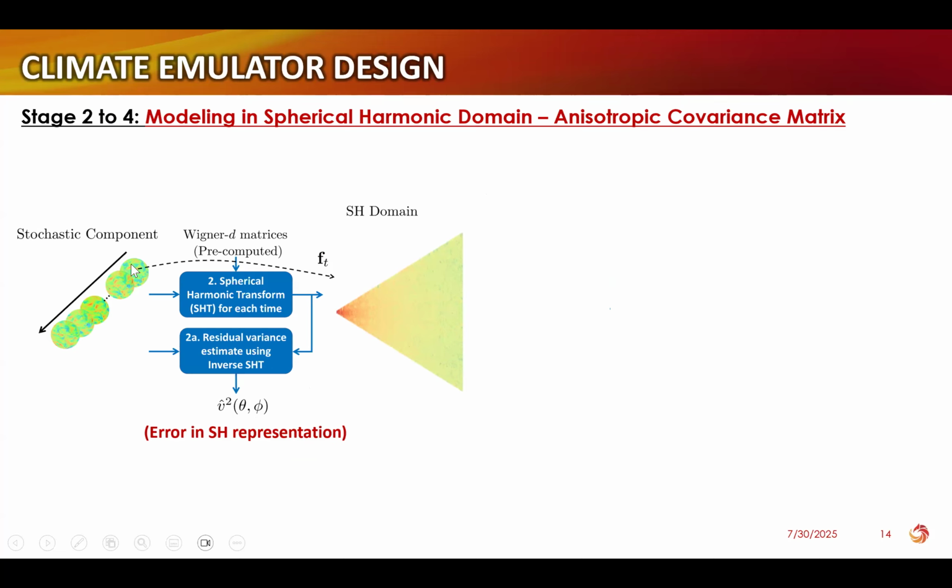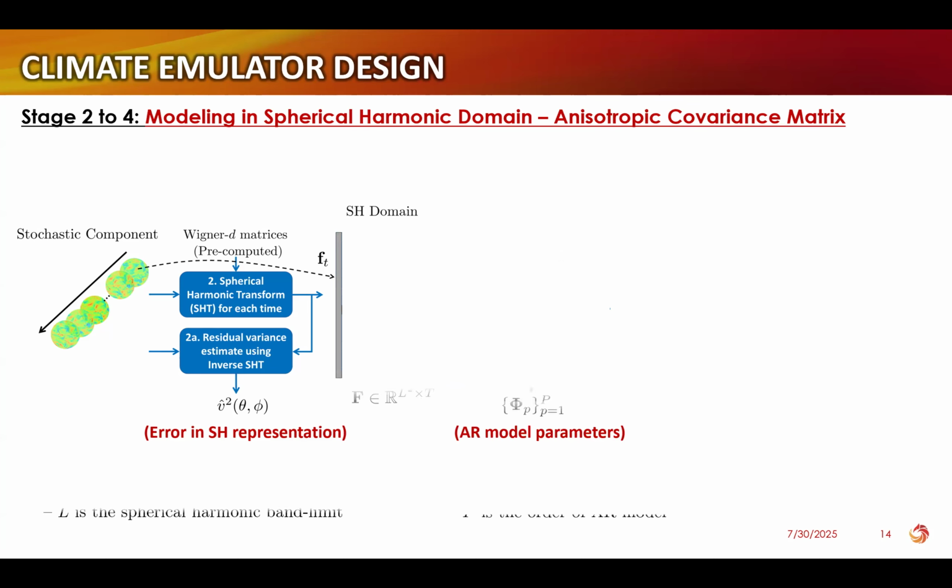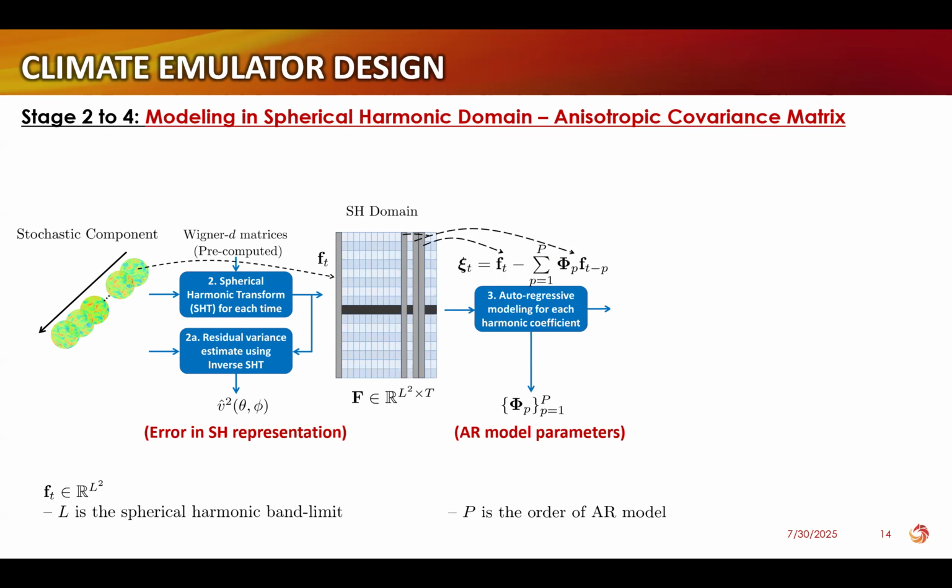So after this step, we have a spectral domain representation for each time step. Once we have the spherical harmonic domain, we vectorize this 2D representation into a single vector. When we do this for each step, we obtain capital T spectral domain representations of the data.